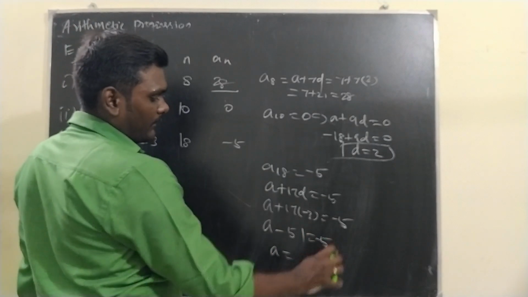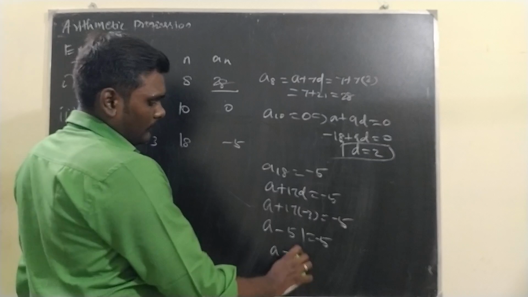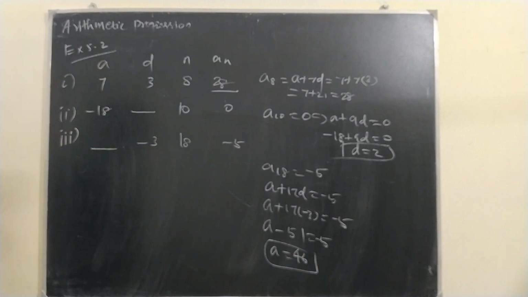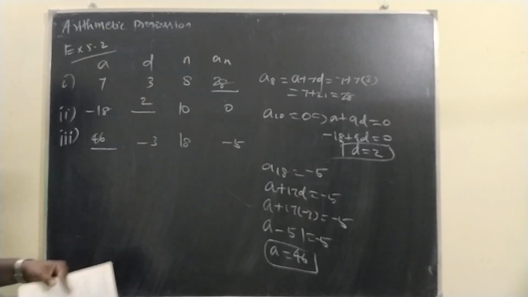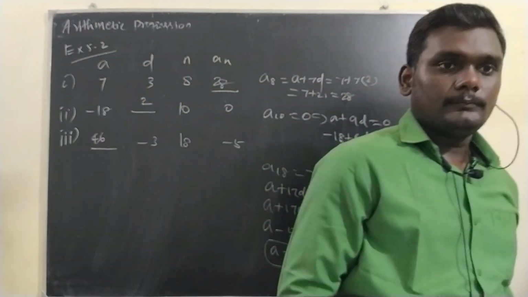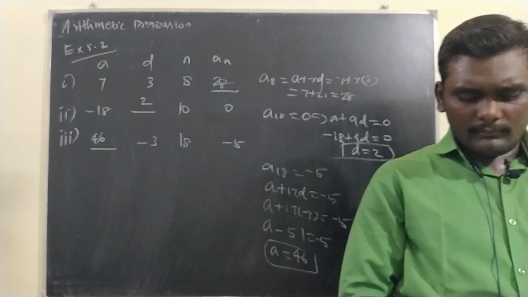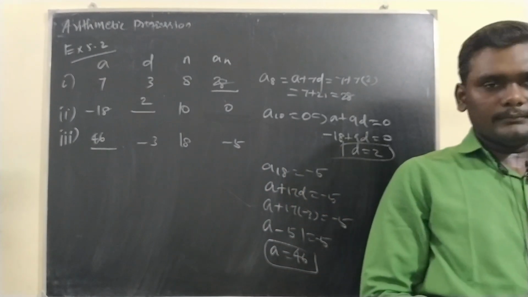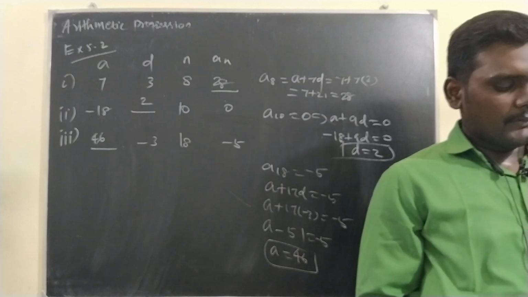Then A is minus 5 plus 51, which is 46. Got it? Next, the fourth subdivision. Who is hiding now? N. Same procedure. You do the remaining questions.